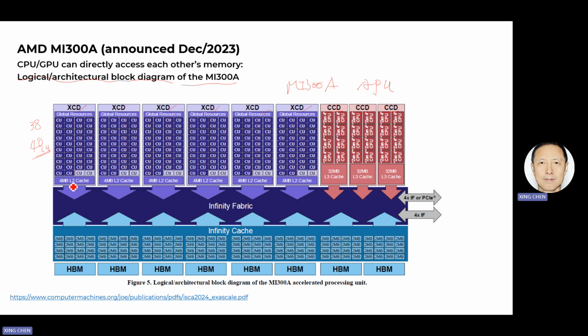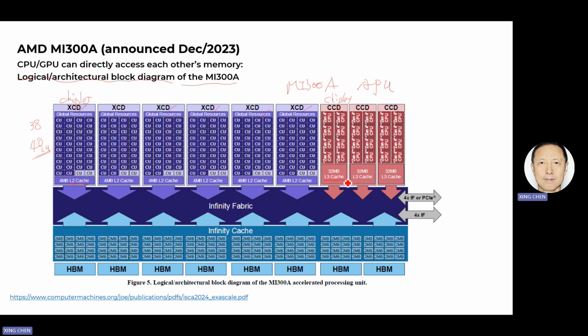Okay, that's fine. As I said, there is the L2 cache attached to this XCD chiplet. And for the CCD chiplet, it seems it has 8 cores, and each chiplet has its own L3 cache.